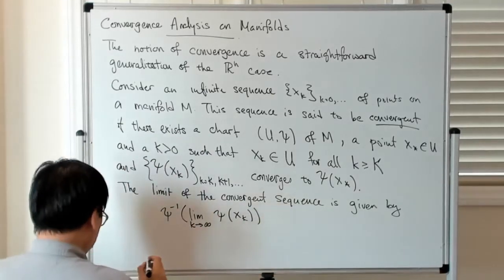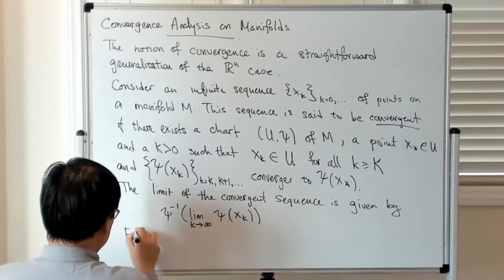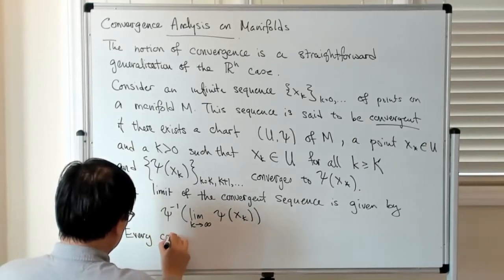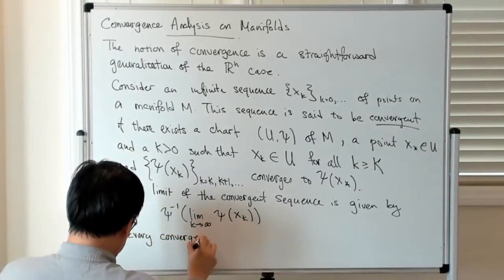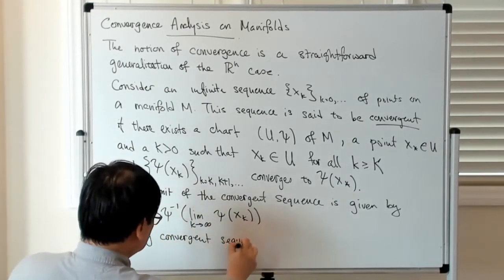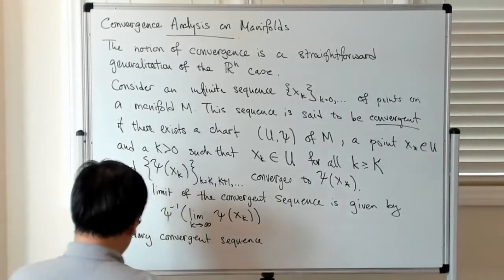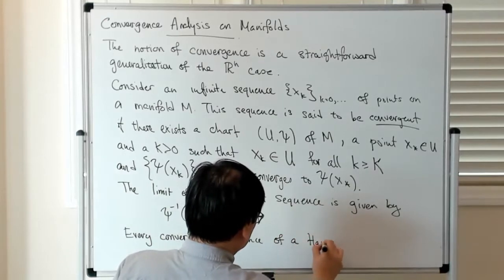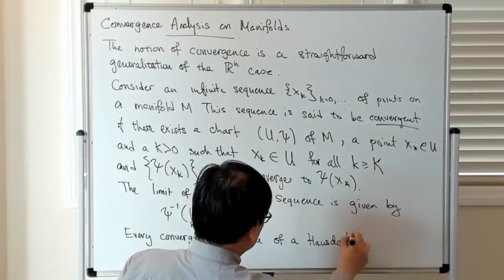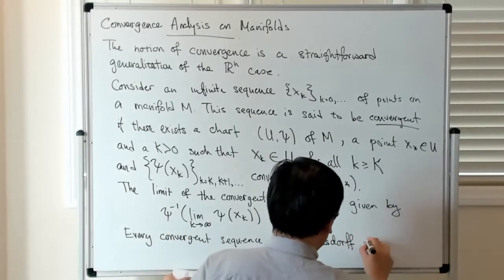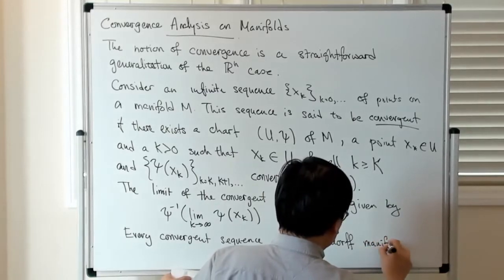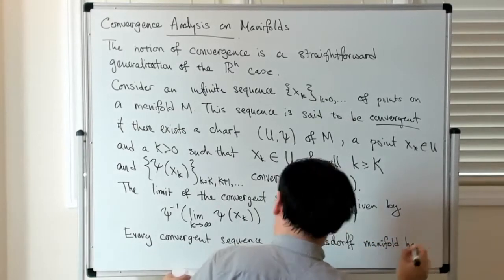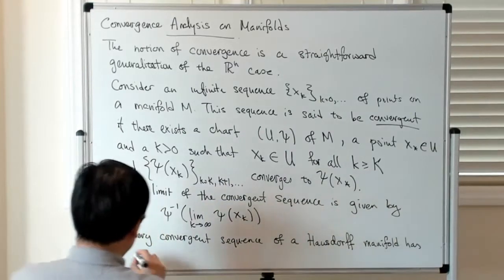And then the point is that every convergent sequence of a Hausdorff manifold has one and only one limit point.